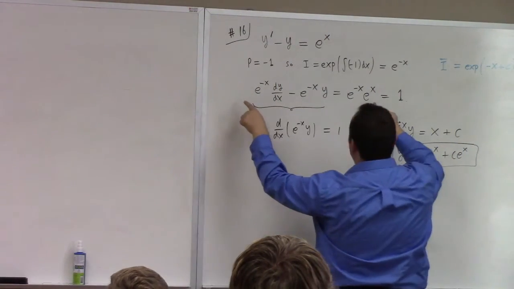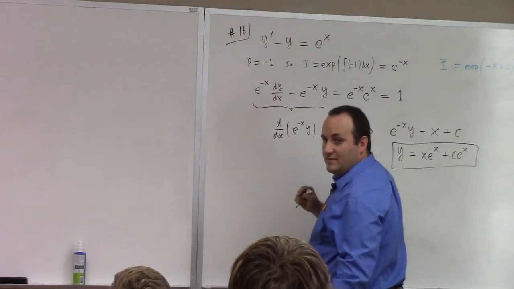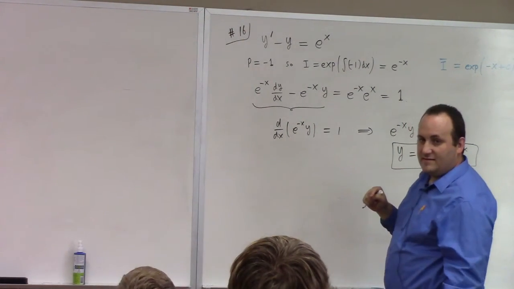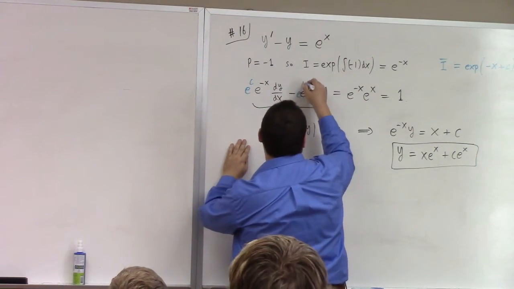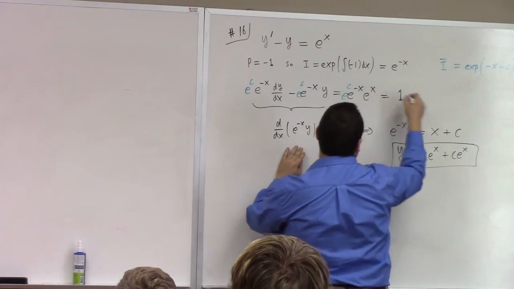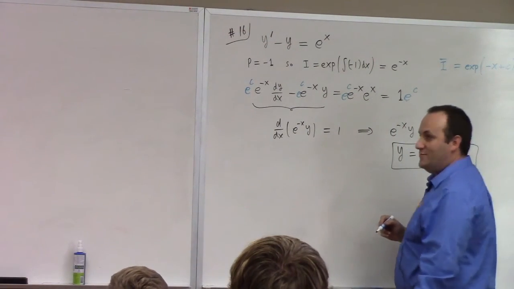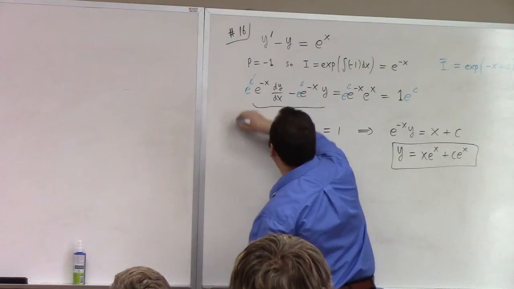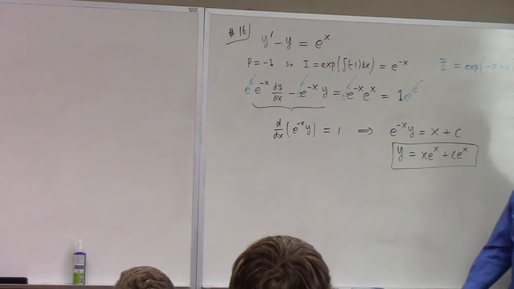Multiply the whole equation by the integrating factor, right? So what would the difference be? I multiply by e to the minus x. But then, at that point, you would just go, oh, it's everywhere. And then we'd be back where we started.